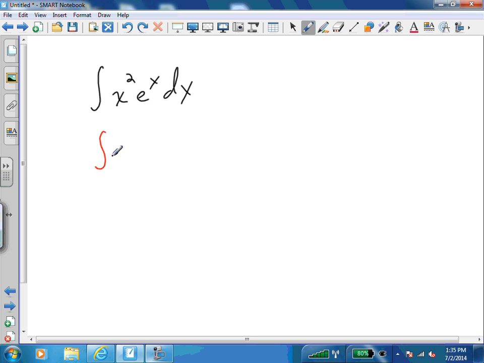So let's try to use integration by parts. It's basically going to take it and rewrite it into an integral that we might know how to do. So let's let u be x squared, dv be e to the x dx, which is good because what's the integral of e to the x?